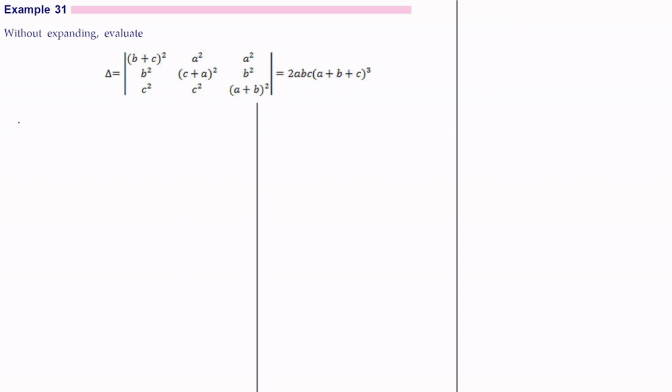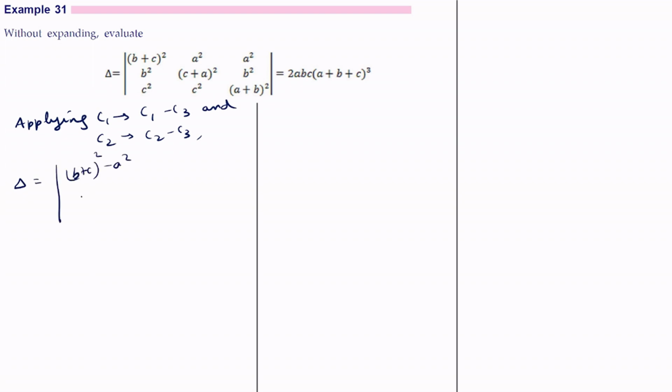evaluate this determinant. So first let us apply C1 changing to C1 minus C3 and C2 changing to C2 minus C3. We get delta equal to b plus c the whole square minus a square, then b square minus b square will be 0, then c square minus a plus b the whole square.